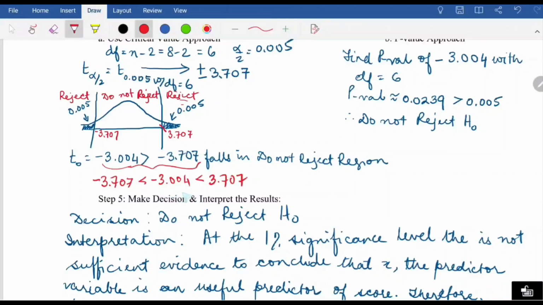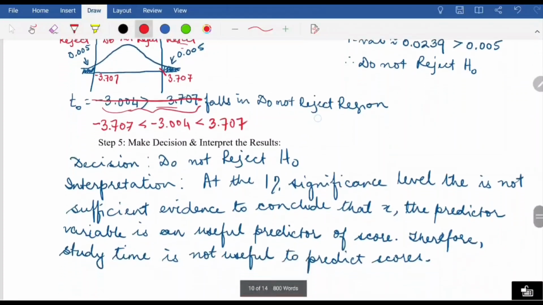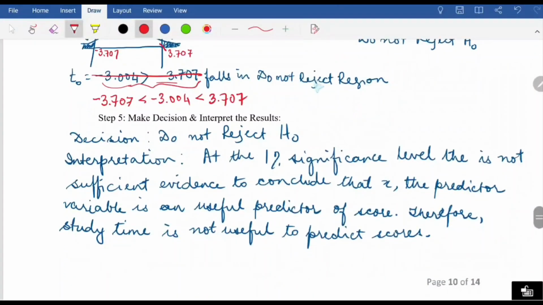That tells us that the test statistic value falls between the two critical values and therefore falls in the do not reject region.